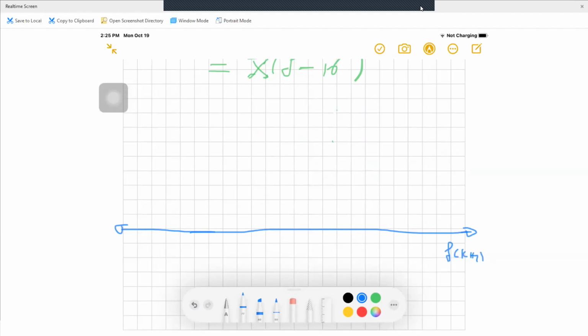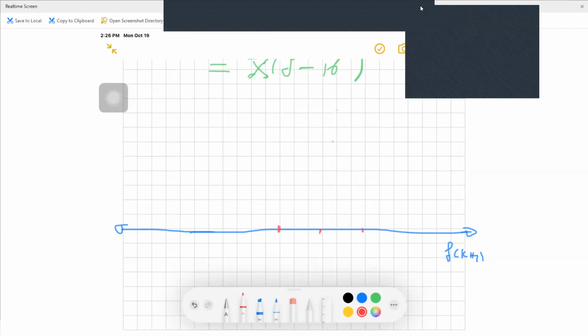We put ticks for the 8 kilohertz: 0, 8, 16, using 4 ticks for every 8, and likewise minus 8 and minus 16.